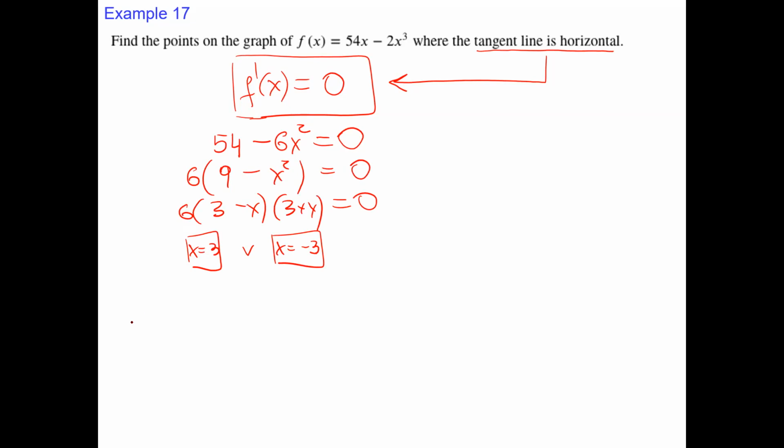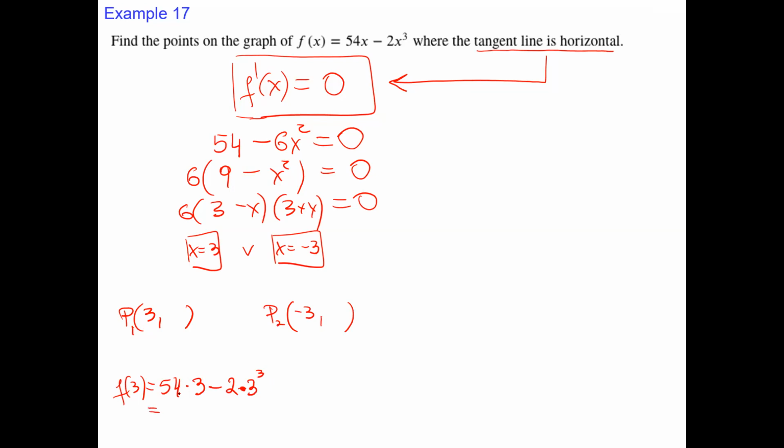But we have to find out what the y value is. Let's say this will be point 1 and this will be point 2, with x equals 3 and negative 3. Let's substitute 3. We will have 54 times 3 minus 2 times 3 cubed.